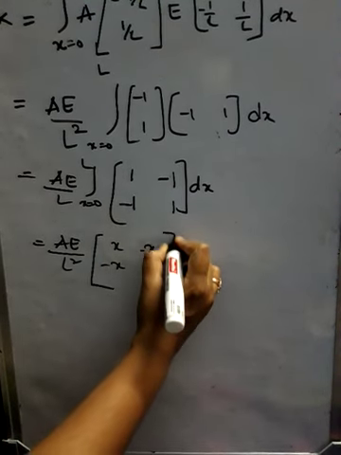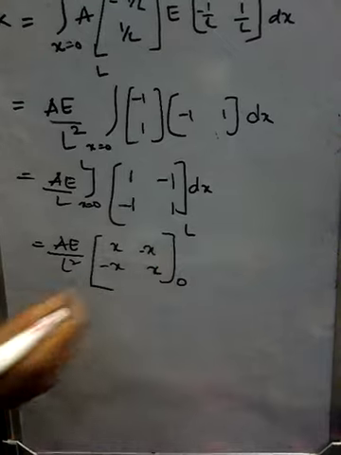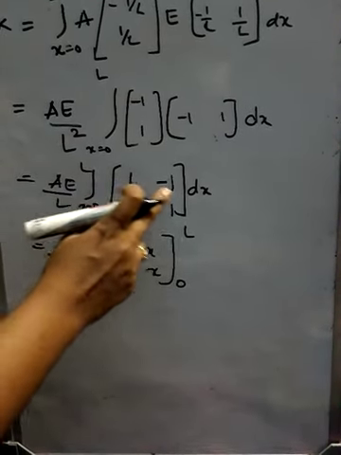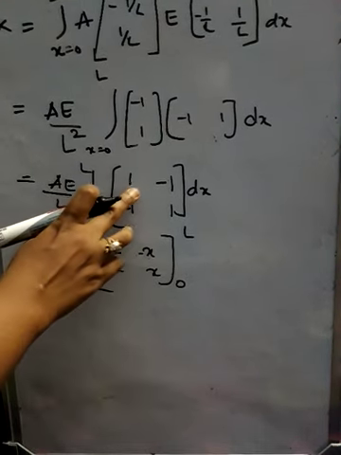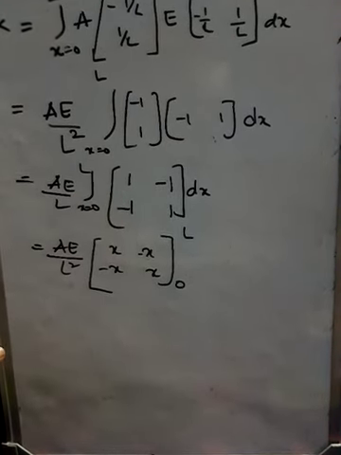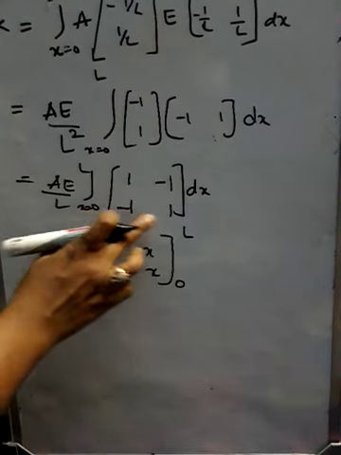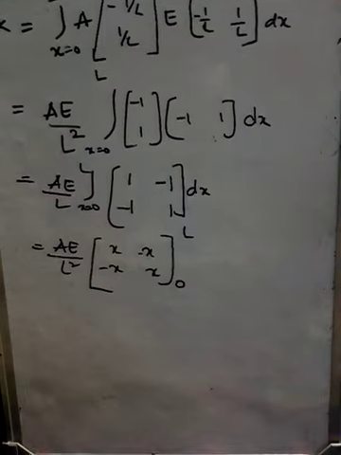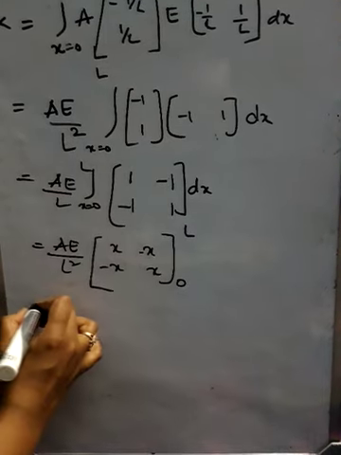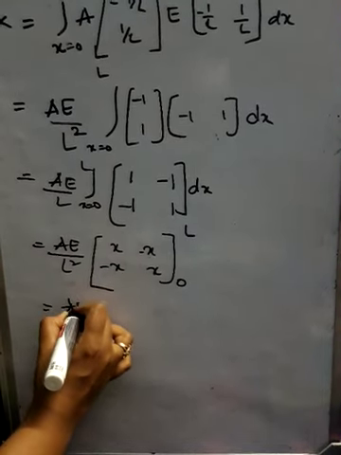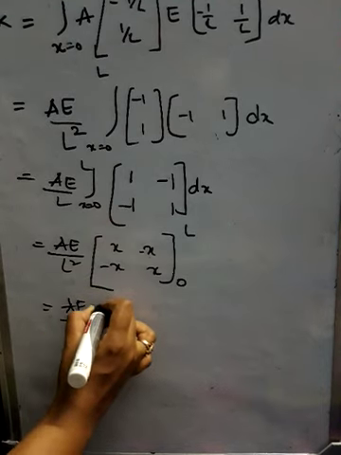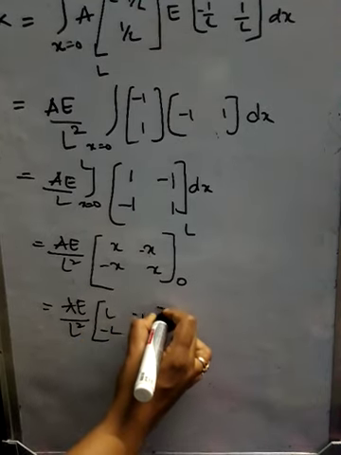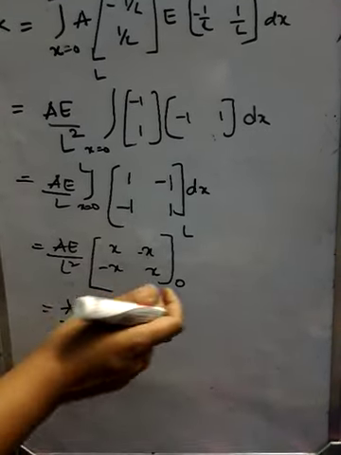Now let us integrate this particular matrix: AE by L square, and this is x, minus x, minus x, x, with limits 0 to L. The important thing here is that you are going to integrate each and every element. That is, 1 is one element, minus 1 is one element, this is one element, and this is one element. So we have to integrate each and every element here. Now this would be equal to AE by L square, L, minus L, minus L, and L. See, 0 to L, no?